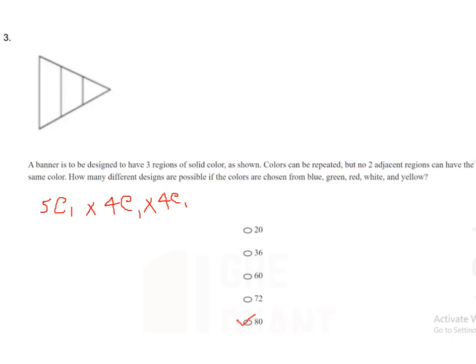For the third region, we can use the color we used for the first region, but given the condition, we can't use the color used in the second region. Again we are left with 4 colors, so again we get 4C1. Multiply all of the results and you get the answer, option E, 80.